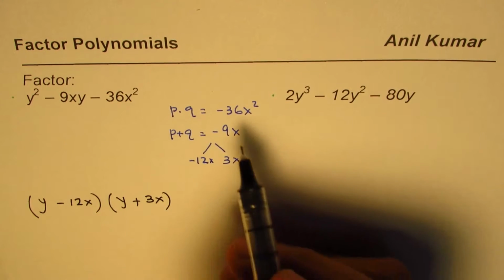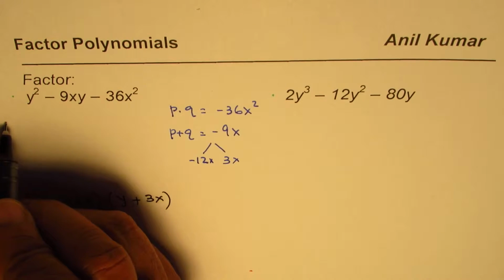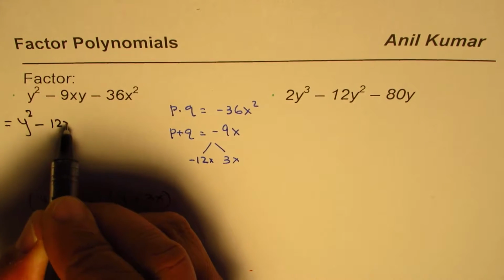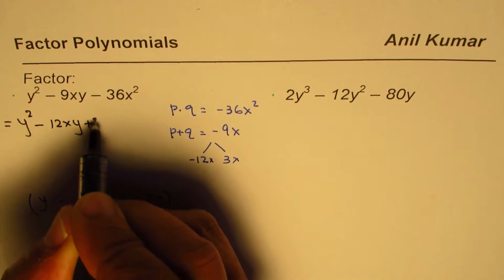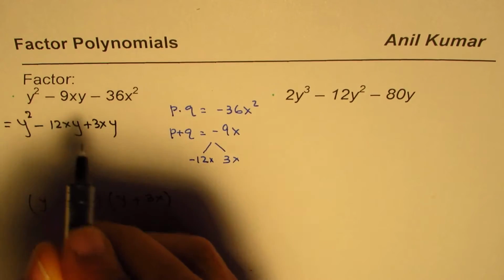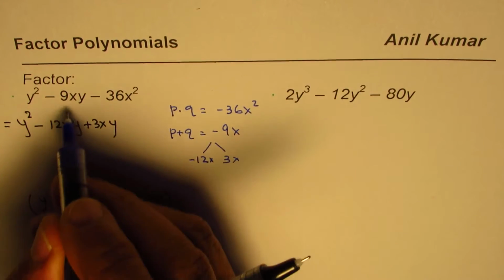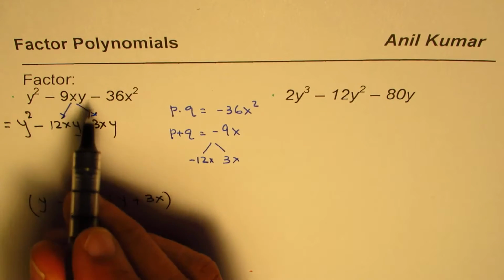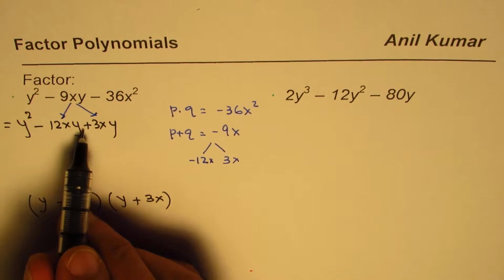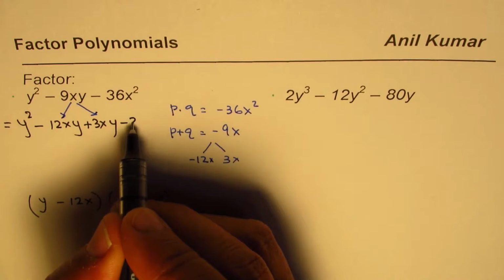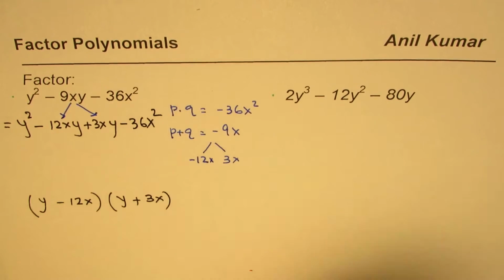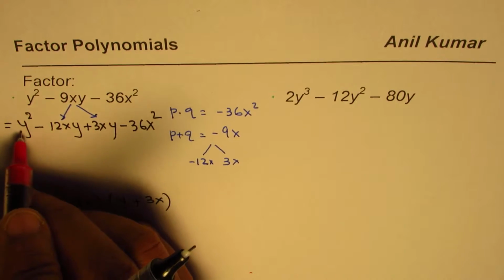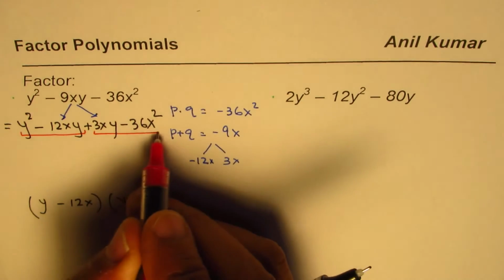For some of you who would like to go through steps, let me rewrite the equation as y squared minus 12xy plus 3xy. So we split this term in these two terms. Do you see that? So minus 9xy is written as minus 12xy plus 3xy, and we have minus 36x squared. And now we can group factor. So we'll group factor these two.